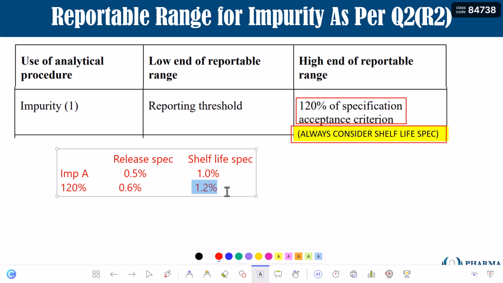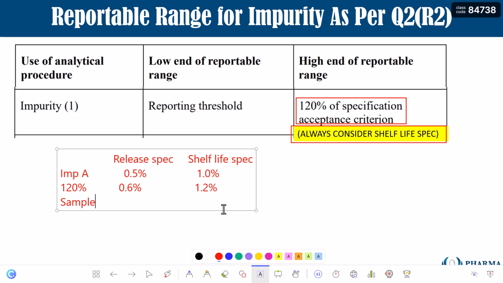So it is very important to realize that this 120% specification acceptance criteria should be from the shelf life specification, because shelf life spec can be higher than the release spec, if not equal. But if you have the same specification for shelf life and release, then no worries, you can consider any specification.